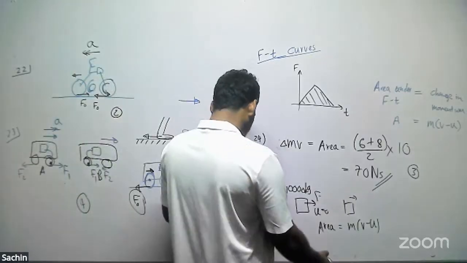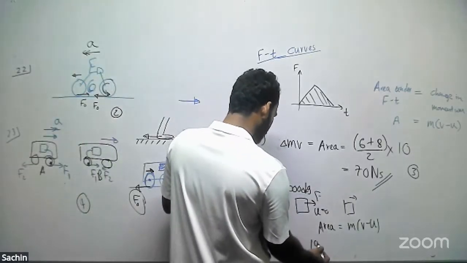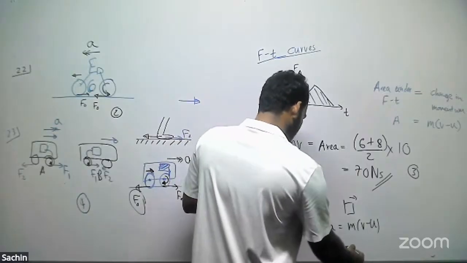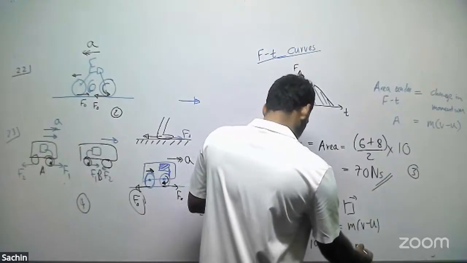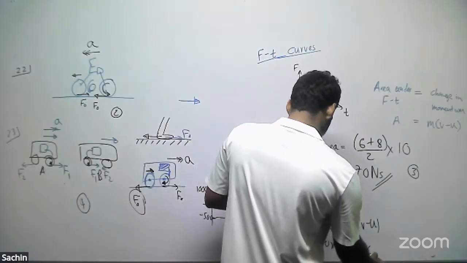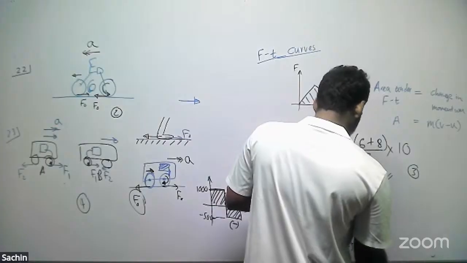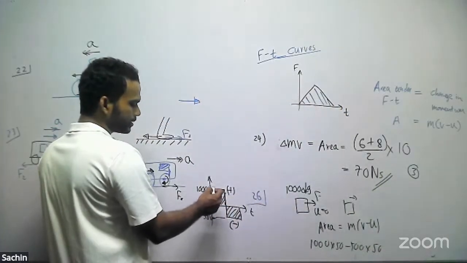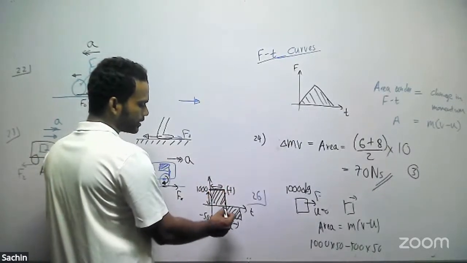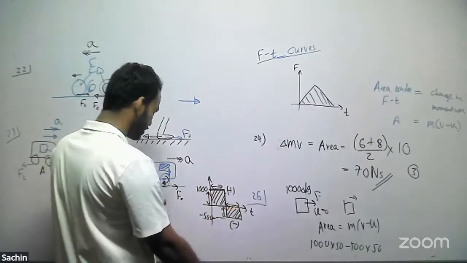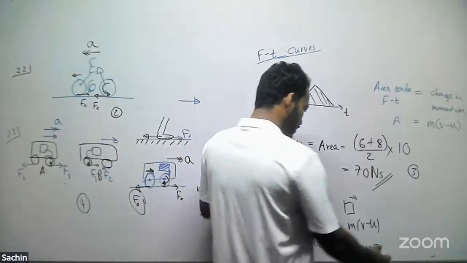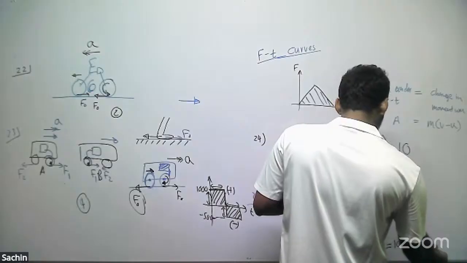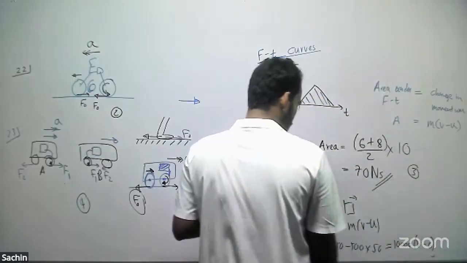So what is the total area then? Total area should be 1,000 into 50 and then subtract 500 into again the time 50. These are rectangles, so you can take the dimensions and calculate the areas. Just refer to the diagrams. So it should be equal to the mass 10,000 times the final velocity v, initially 0.